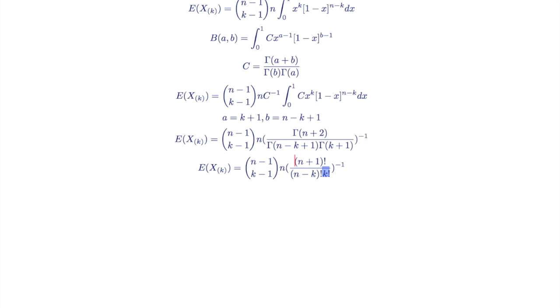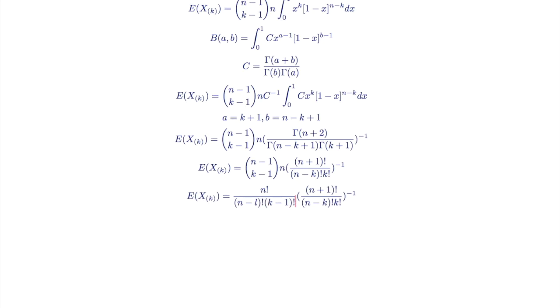So there's our expected value. We can do a little bit of algebra here to simplify. So n times n minus 1 choose k minus 1 is just what? That is just n factorial over n minus k factorial times k minus 1 factorial.